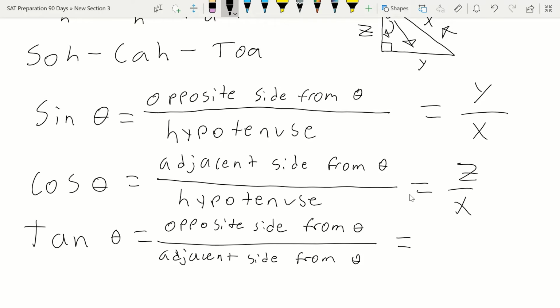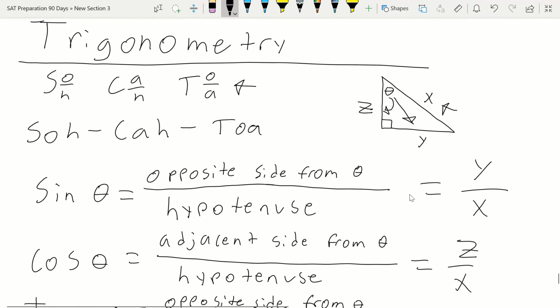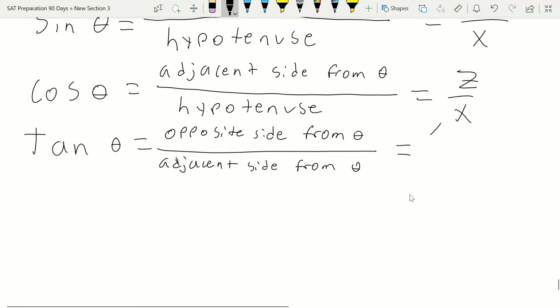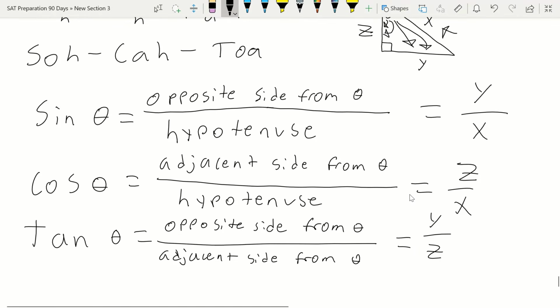All right, so if we're going to look at our reference triangle that we made, we're taking the tangent of theta, then we are going to use TOA, so we're going to use our opposite, so that's y, over our adjacent, which is z. So we'll have y over z. All right, so there's your sines, cosines, and tangents.